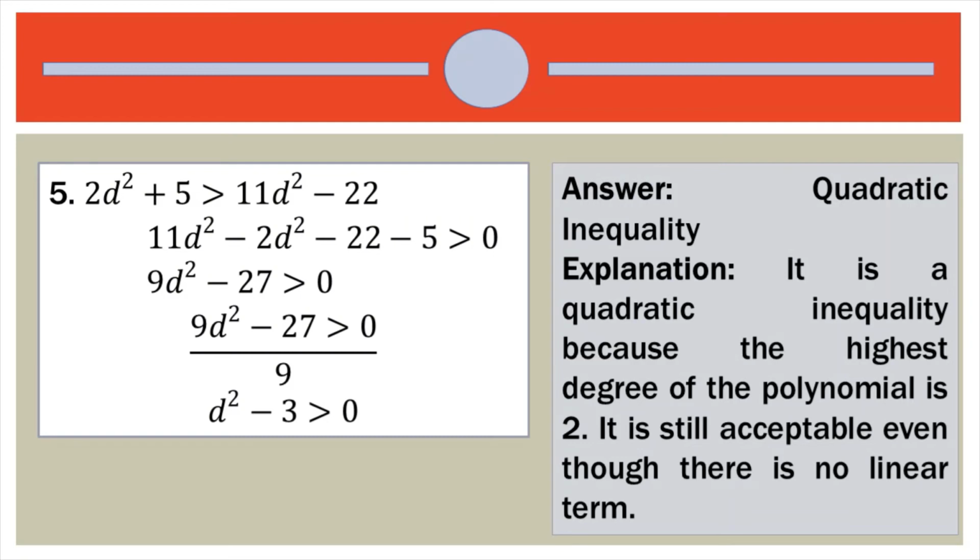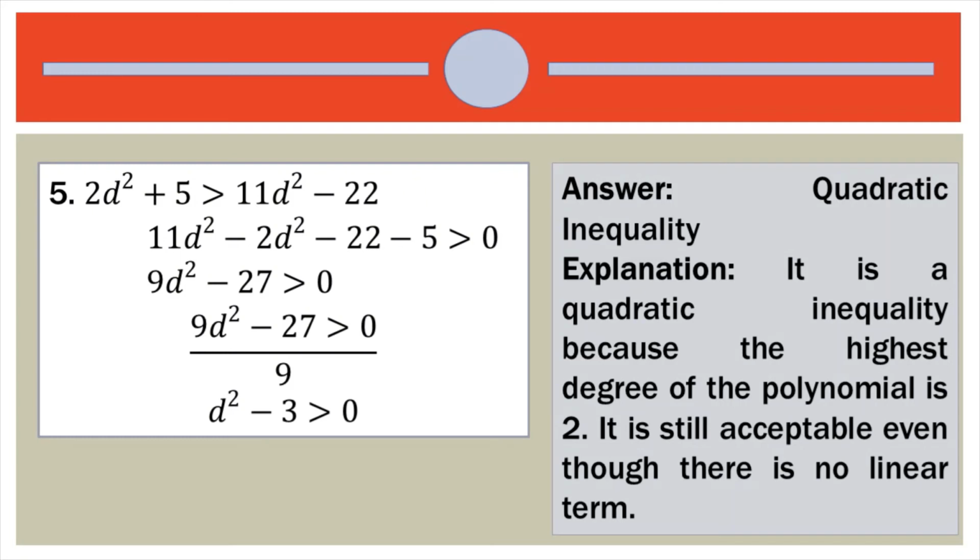Remember that every time that we transform a term, the sign changes. I did not show it, but if you're going to try it, all you need to do is multiply all of the given by negative 1. So the result is 11d squared minus 2d squared minus 22 minus 5 is greater than 0.